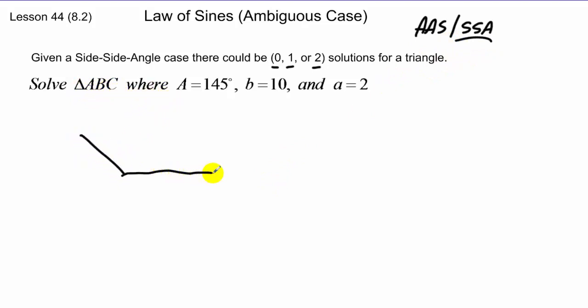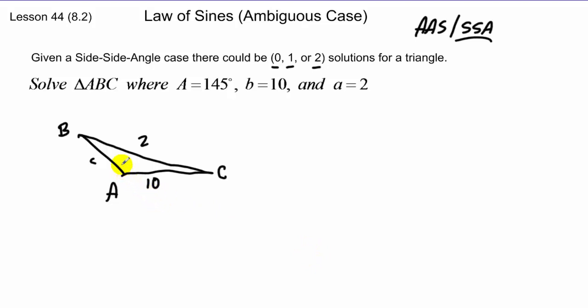We have side b of 10 and side a of 2. So here is angle A, here is side a, here's B with 10 here, and C right here, and little c here, and we want to solve that triangle.